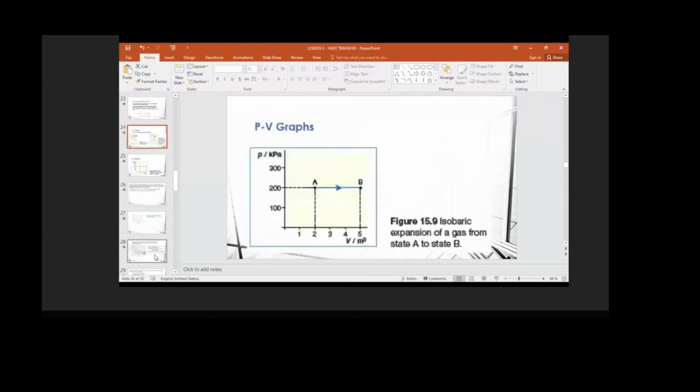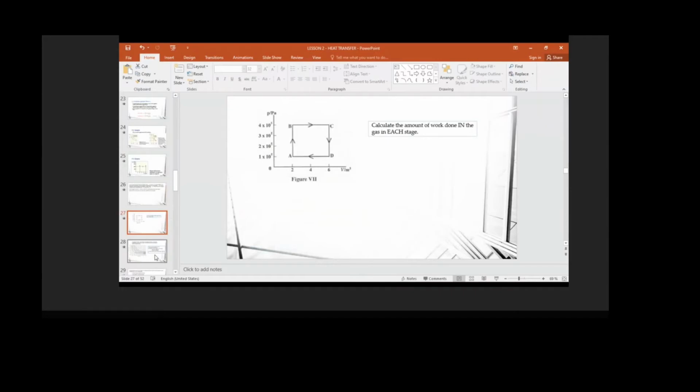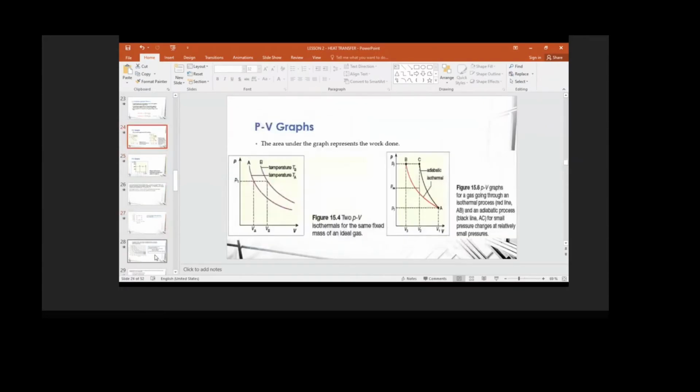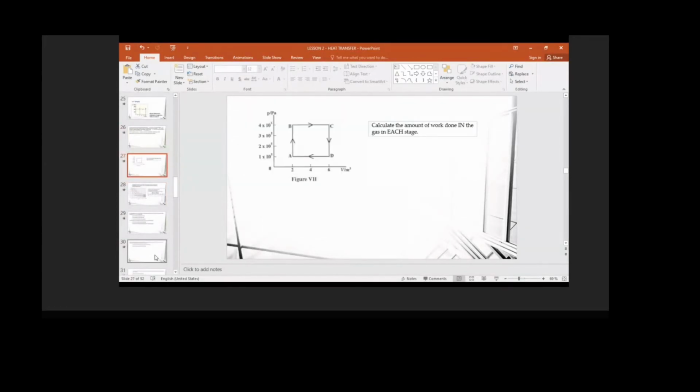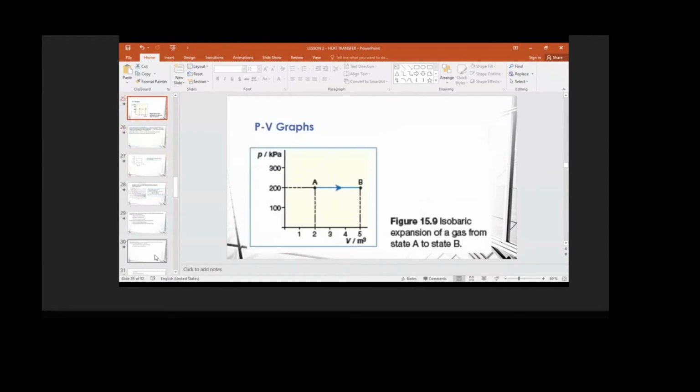All right. Now, there's also another process, which I'm not sure why it's not here. It's called the isovolumetric process. By that term, you should know what it means. Isovolumetric: what would be constant there? The volume.